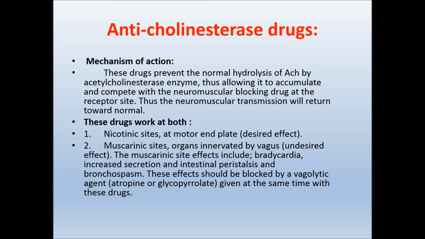The anti-cholinesterase drugs, its mechanism of action: the drug prevents the normal hydrolysis of acetylcholine by acetylcholinesterase enzyme, thus allowing it to accumulate and compete with the neuromuscular blocking drug at the receptor site.